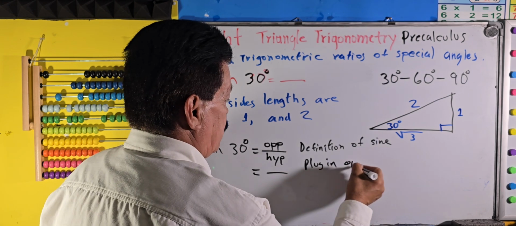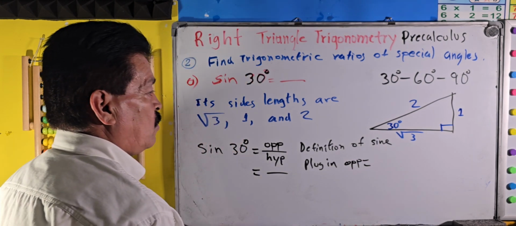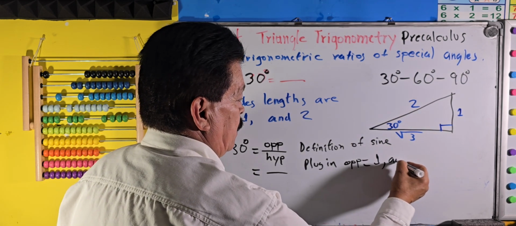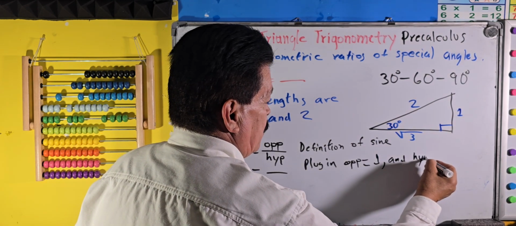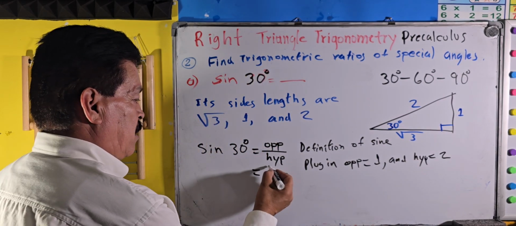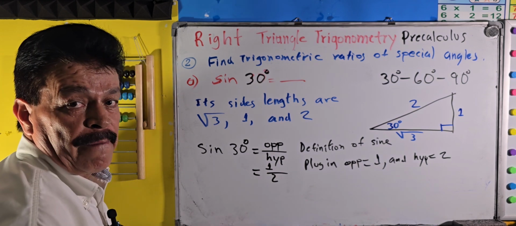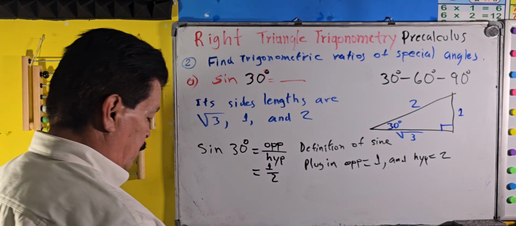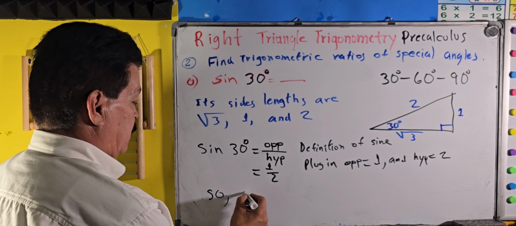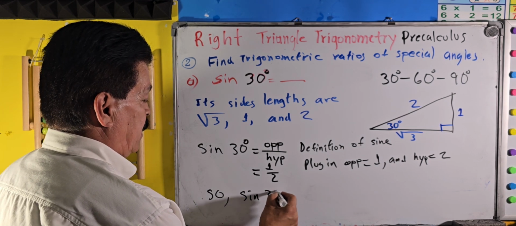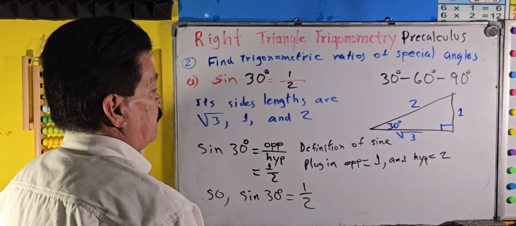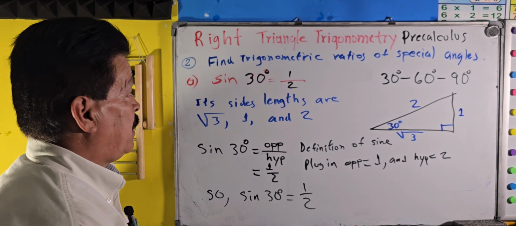The opposite, how much is opposite? We are talking about this triangle. The opposite is 1, right? And the hypotenuse is equal to 2. So here, write 1 over 2. It's very simple. So the answer is sine of 30 degrees is equal to 1/2. That's it. Very, very easy, right?